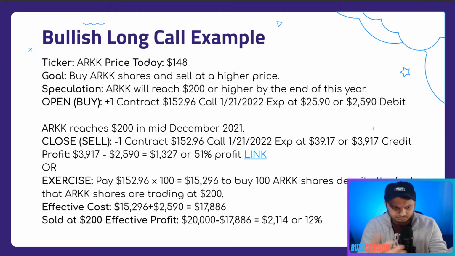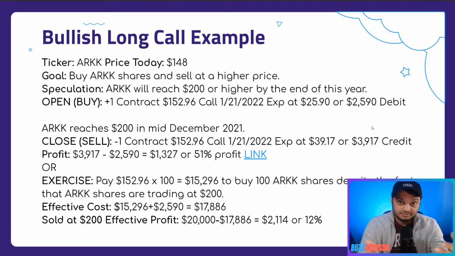So at that point, my effective cost of buying those shares would be the price I paid to buy those shares plus the option price that I paid, $1,296. That's the total.